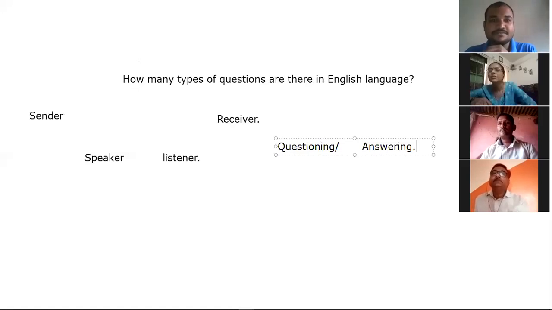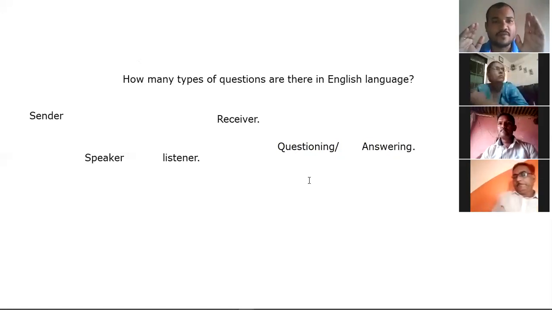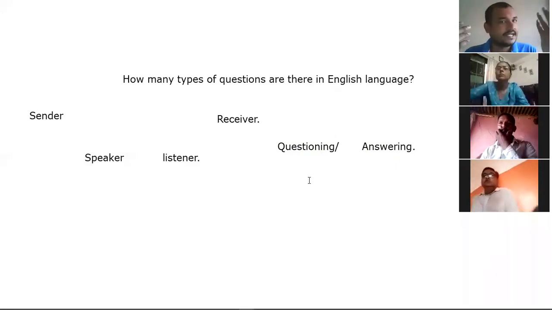So the language means sender, receiver, speaker, listener, questioner, the person who is giving the answer, responding, questioning and responding. Understood the importance of questions now? Language is nothing but questioning and answering, speaking and listening, sender and receiver.